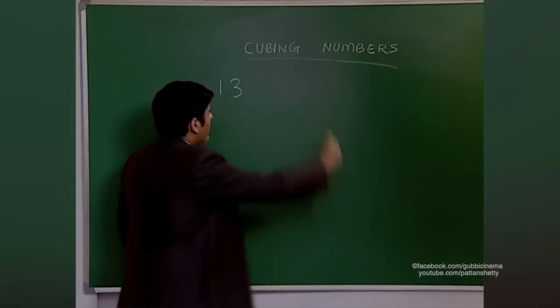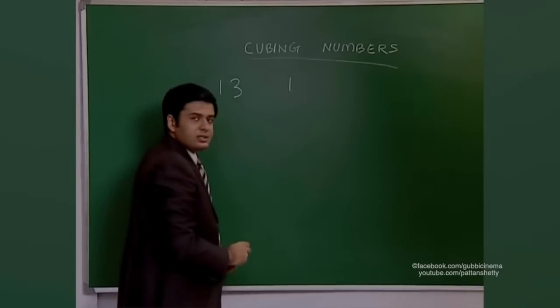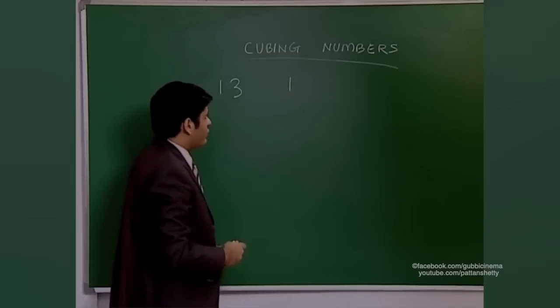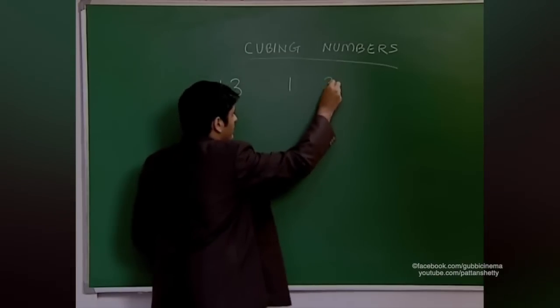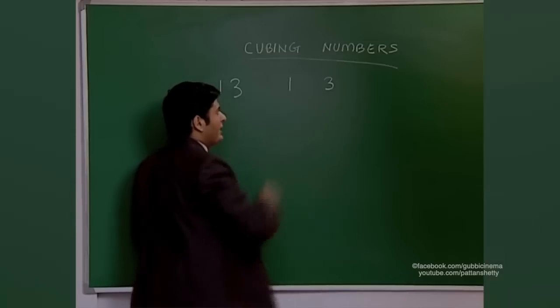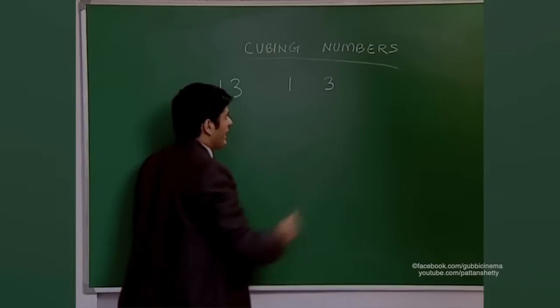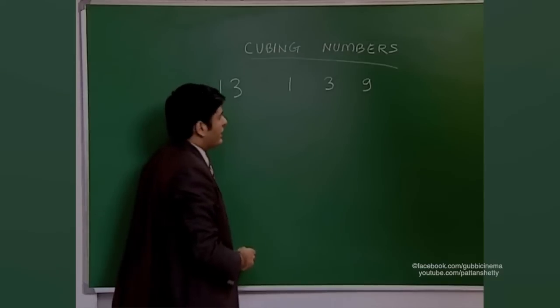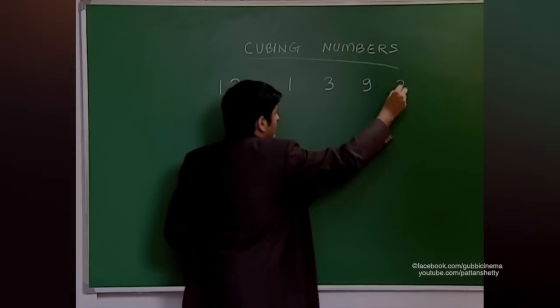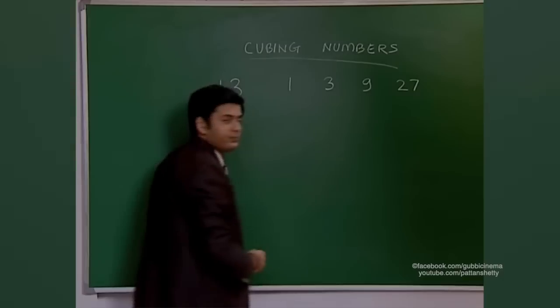Now, write the first number as it is, 1. Multiplied by the ratio, 1 times 3 is 3. Again multiply this by the ratio, 3 times 3 is 9. Again multiply this by the ratio, 9 times 3 is 27.